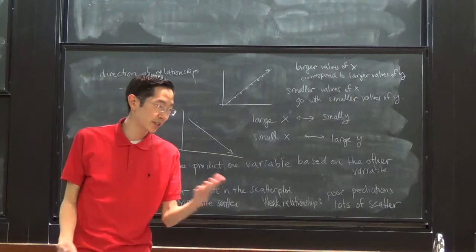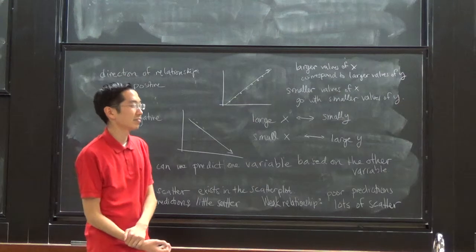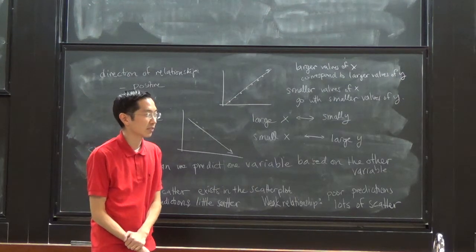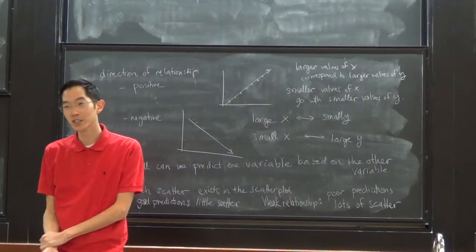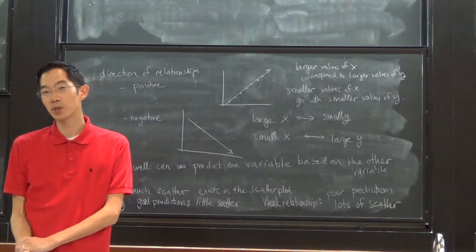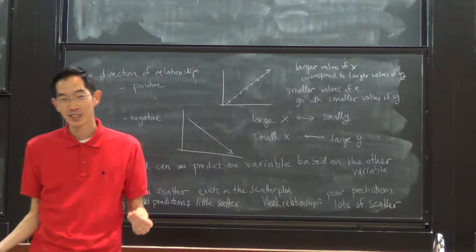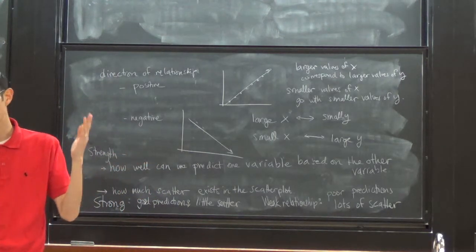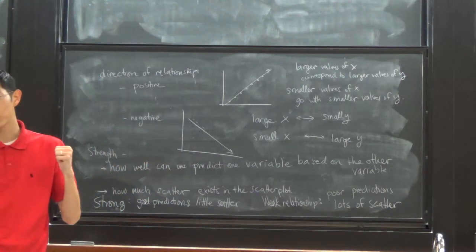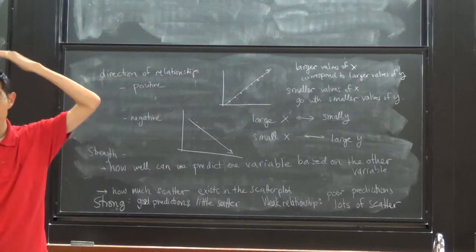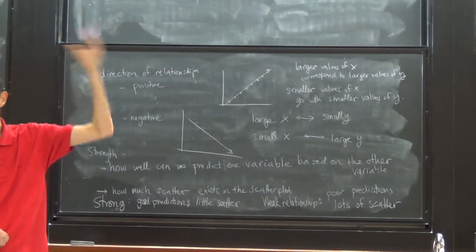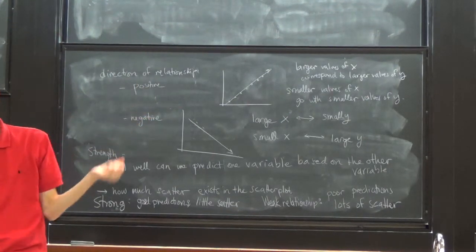So a silly example would be if we measured someone's height in inches and we measured that person's height in centimeters, you would have a strong, or actually a perfectly strong relationship. If we know someone's height in inches, we can predict exactly their height in centimeters.